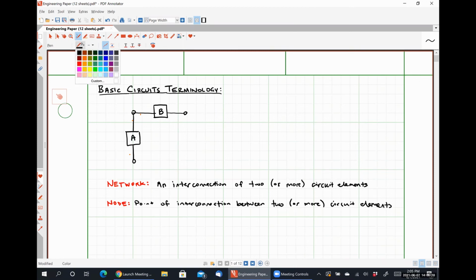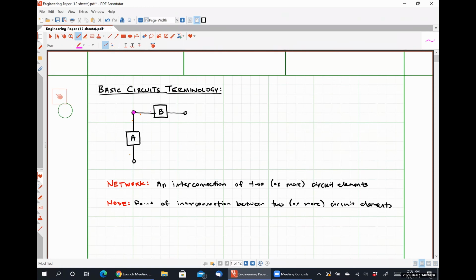So in this particular network that I've drawn here, where we have element A connected to element B, there is a node between these two elements, which I'm filling in right here in pink.